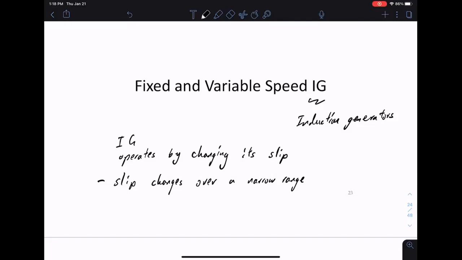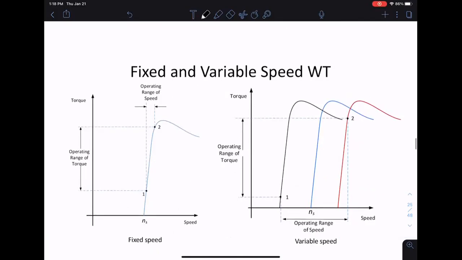And the issue that causes, if you can only operate at a very narrow range of slip, is that you're basically what's called a fixed speed wind turbine, because your speed cannot deviate too much from the synchronous speed.